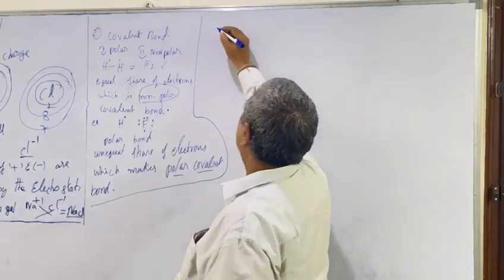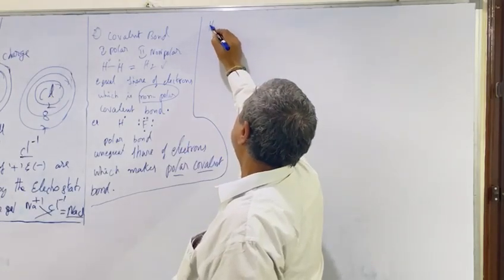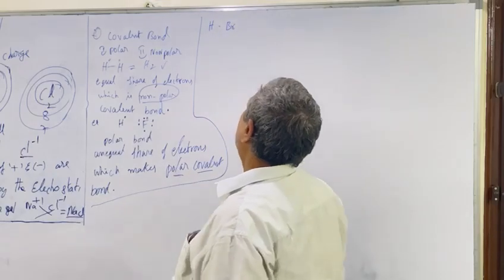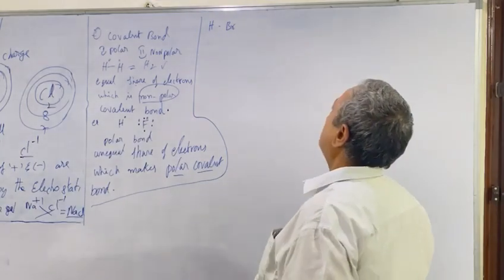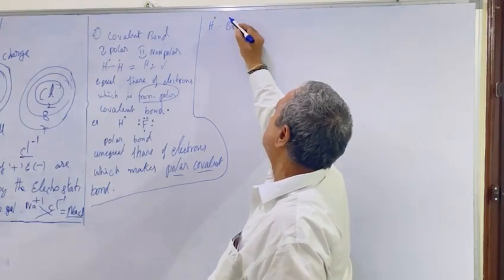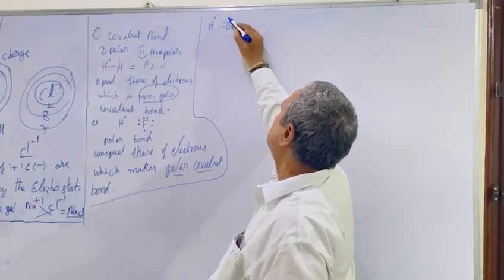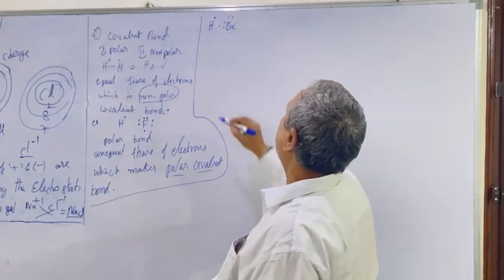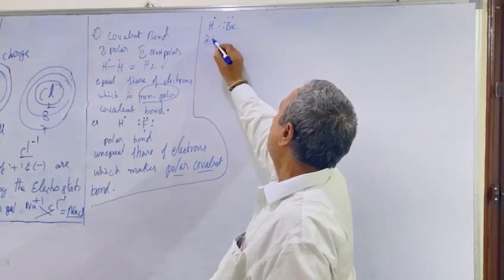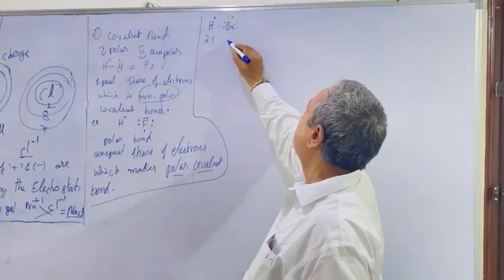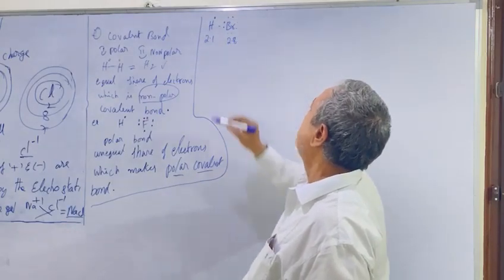Suppose hydrogen and bromine. What is the electronegativity of hydrogen? Electronegativity of hydrogen is 2.1, whereas bromine has 2.8.